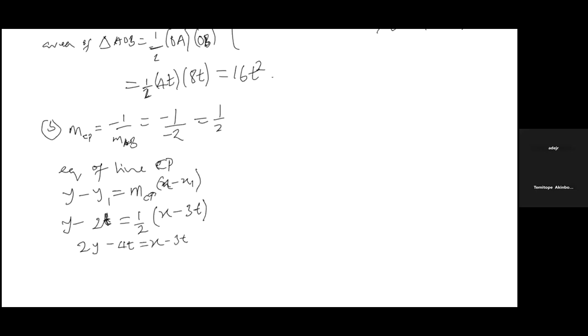Collect like terms in t. So 2y minus x equals 4t minus 3t. And that is 2y minus x equals t. So that's the equation of line CP.